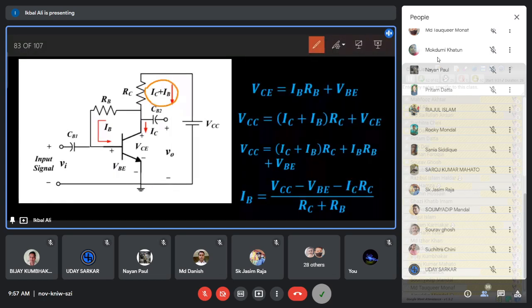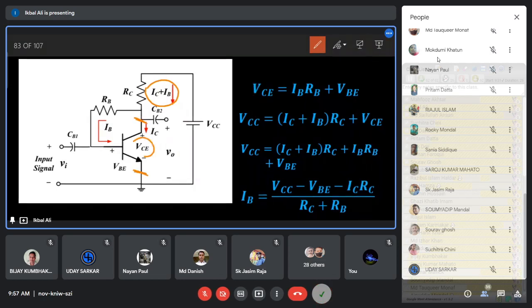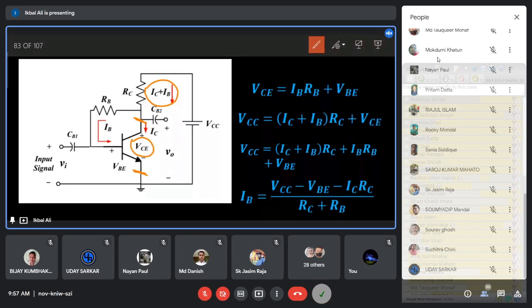I hope you have understood how the current flows through this biasing circuit, and what the voltages applied across the transistor are. Between collector and emitter you have a voltage drop called VCE. So this is the collector emitter voltage, and this is the base emitter voltage.